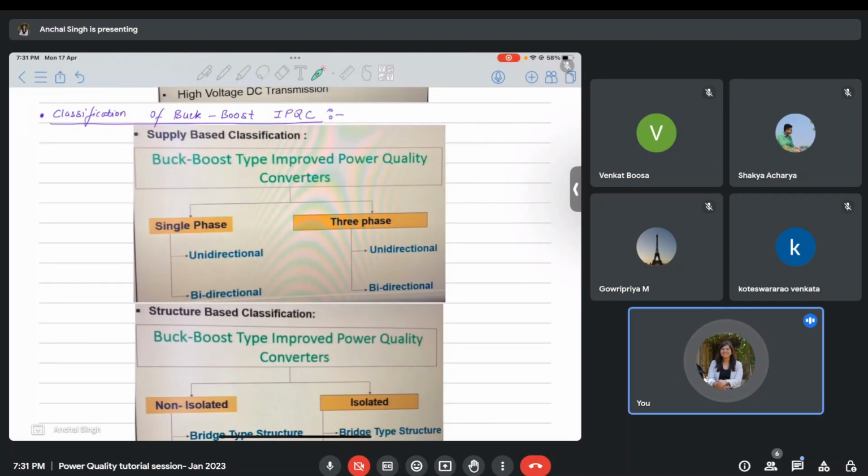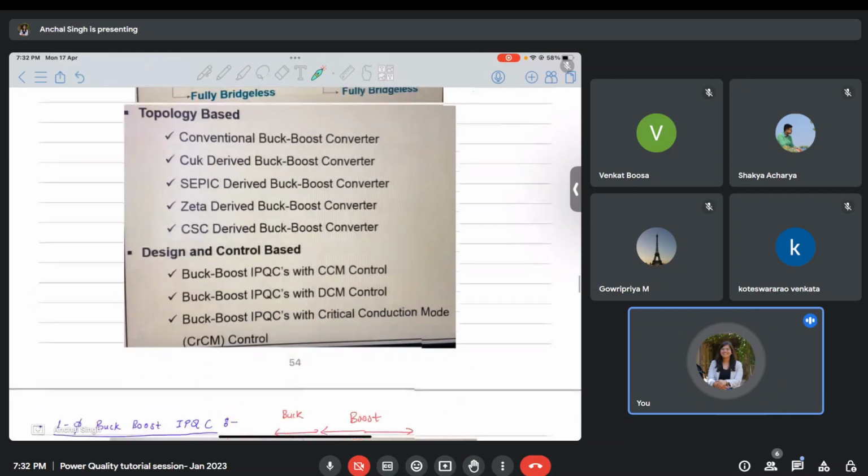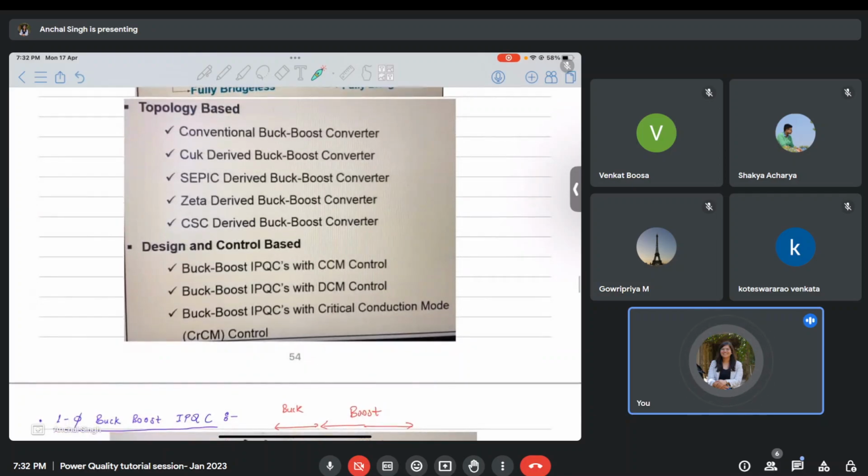Then if you look at the classification, again on the basis of single phase and three phase, they are categorized into unidirectional and bidirectional. Then on the basis of structure, they are categorized into non-isolated and isolated. And then in this category, they are categorized into bridge, semi-bridge and full bridge configurations. Then another basis for classification is on the basis of topology.